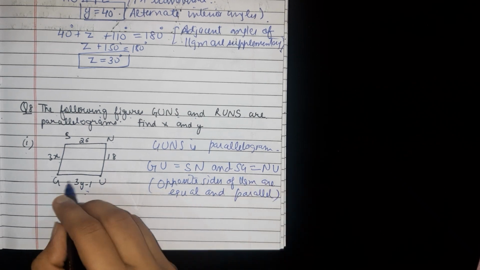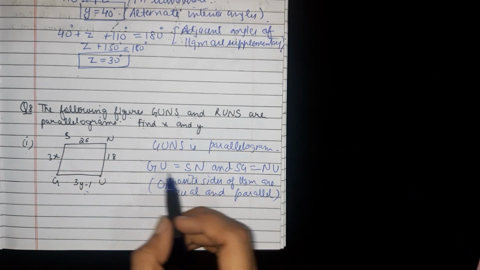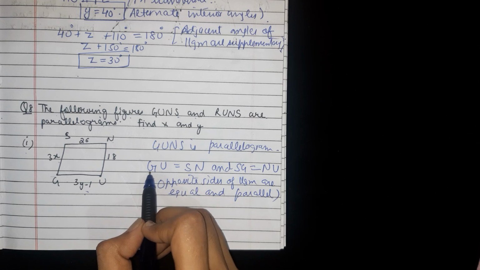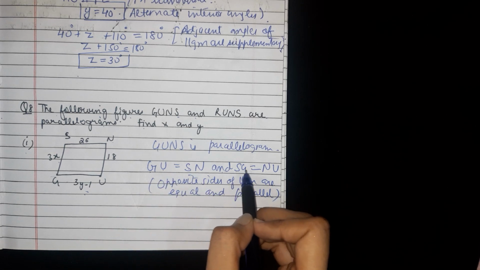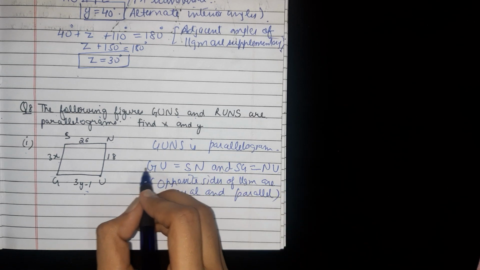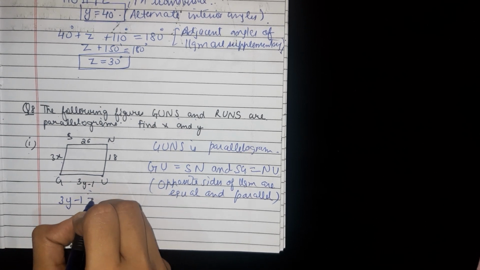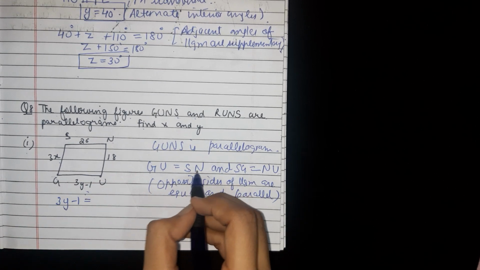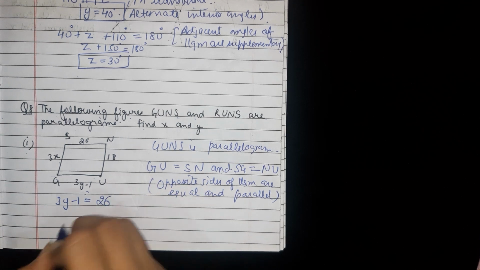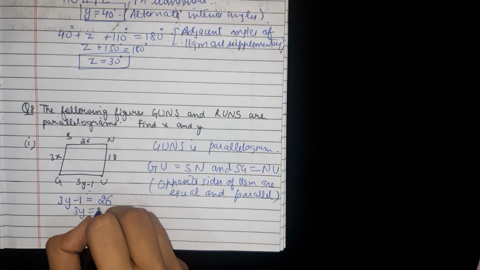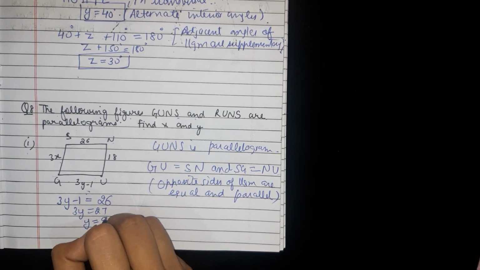That is the reason GU is equal to SN and SG is equal to NU. So GU is 3y minus 1, equal to SN, which is 26. So 3y is equal to 27. So y comes out to be 9.